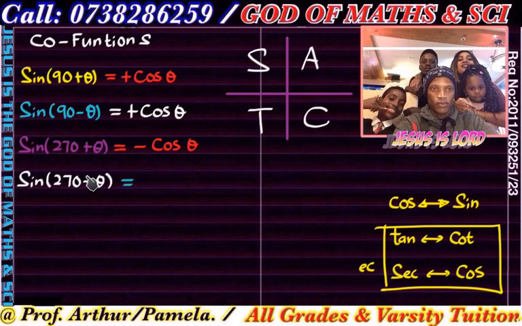The next one, 270 minus theta. Where are we at? We are in the third. Can we find sine in the third? So it's negative.